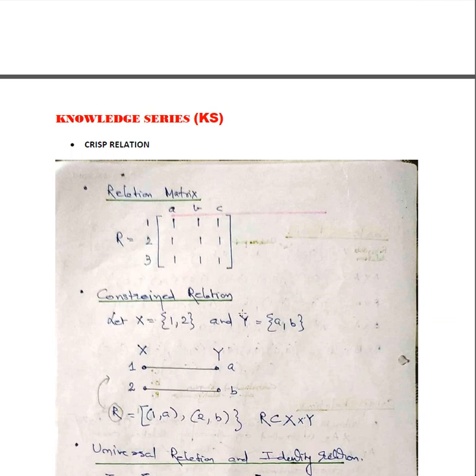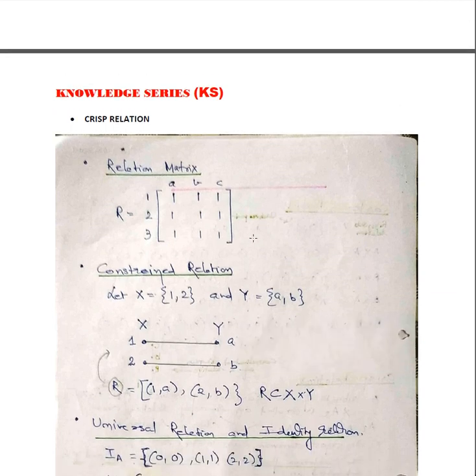Now let us see the relation matrix. The relation matrix between 1, 2, 3 and A, B, C is equal to 1 when both the points are matching each other. Constrained relation means if 1 and 2 are there and A and B are there, it only maps to a limited set: 1 to A, 2 to B, but it does not state the cross relations.